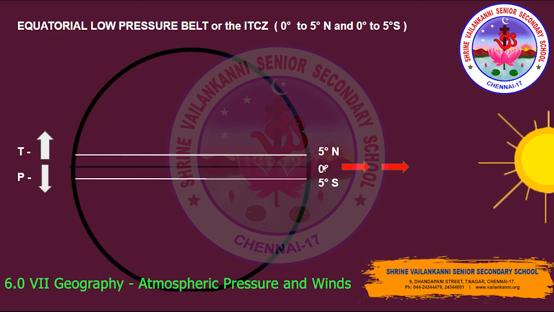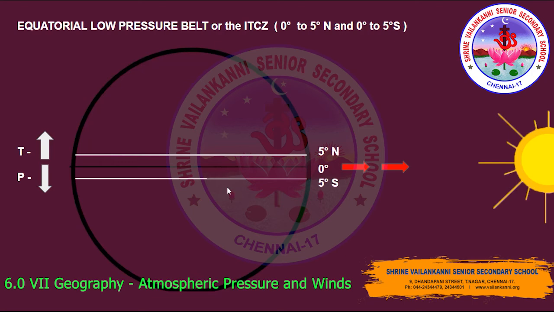When the warm air rises, a low pressure is created. This zone is also known as the doldrums. All over the equatorial line, the whole circle, the same thing happens. In this area of low pressure, there will be little or no surface wind.